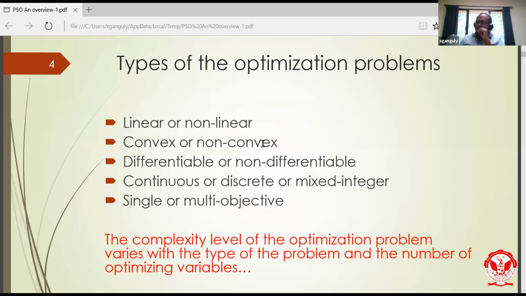My goal is not to describe all this, but at least you should understand what the different types of problems are. So in a convex problem, we have a mathematical property to satisfy, and if it's satisfied, then we call that problem a convex problem.